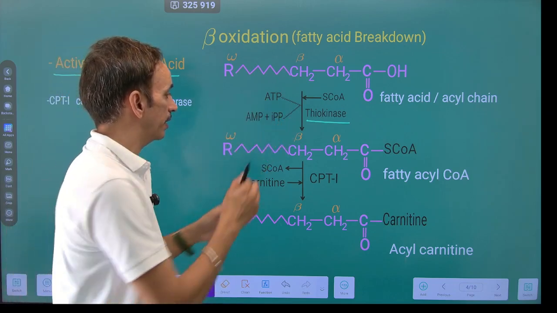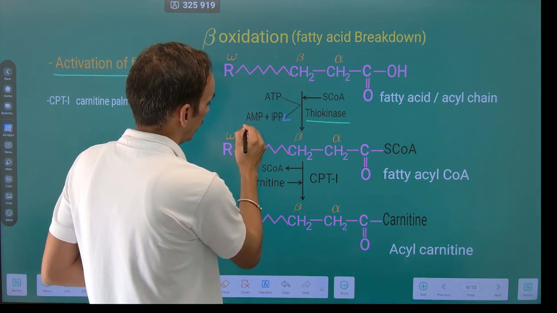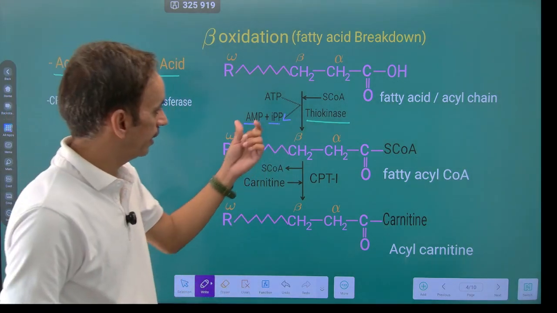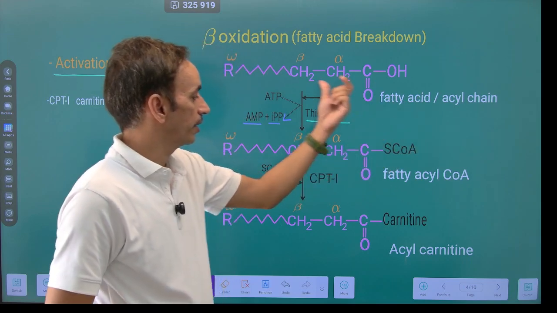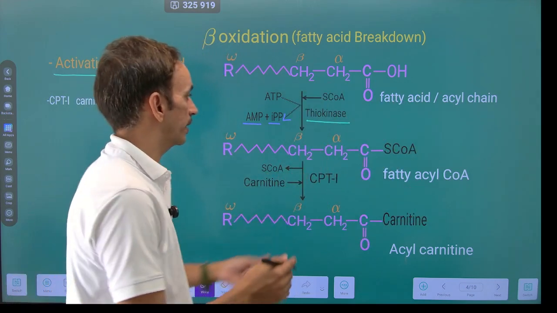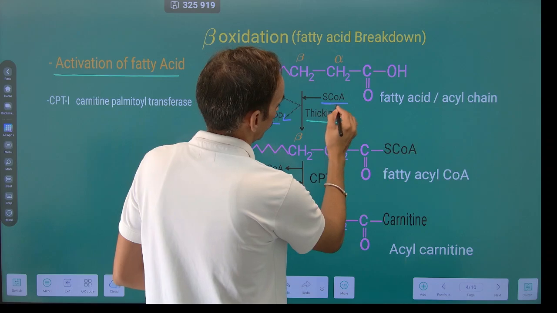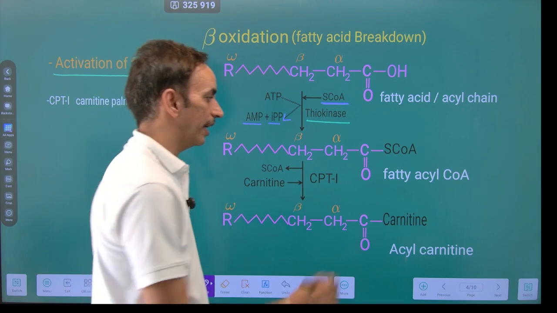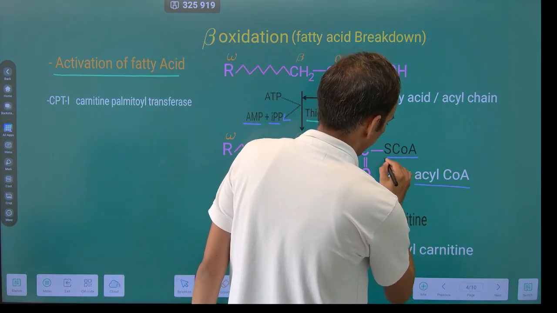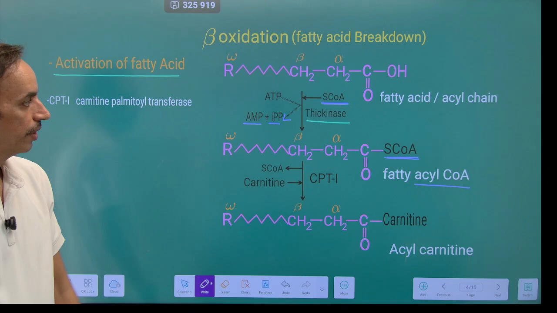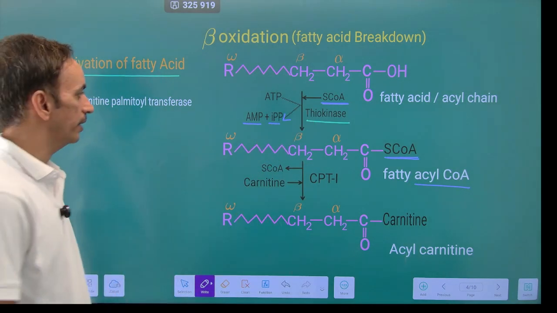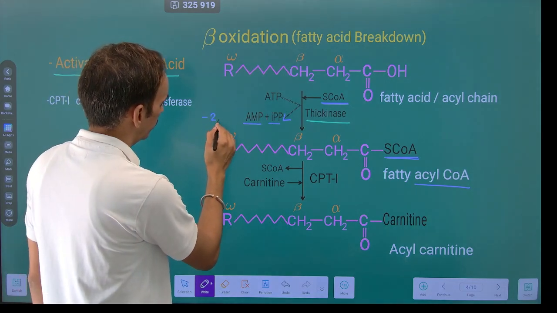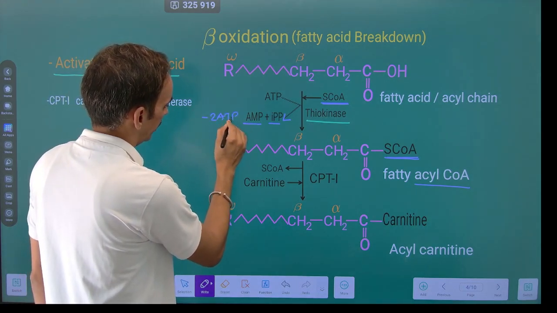Here, the ATP converts into AMP, and there is a release of pyrophosphate that leads to the conversion of this acyl chain into acyl coenzyme A, because at the same time we are also adding a coenzyme A. We simply added this coenzyme A with the help of the enzyme thiokinase. ATP here is converting into AMP, so it is utilizing 2 ATP equivalent energy.